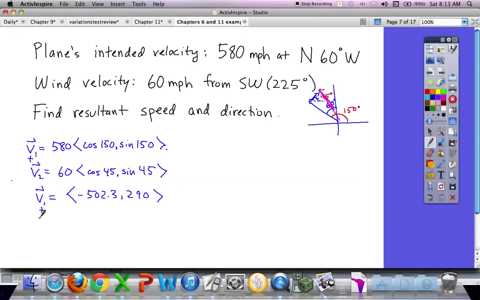Okay, we're adding V2, which will be 60 times the cosine of 45, 42.4, and 60 times the sine of 45, should be the same thing, 42.4.